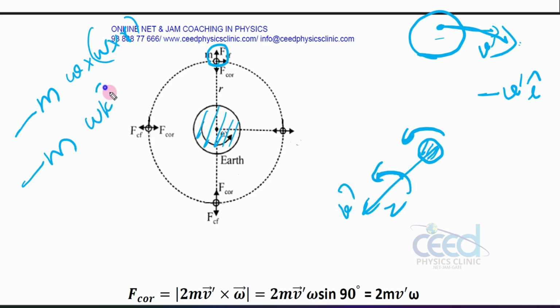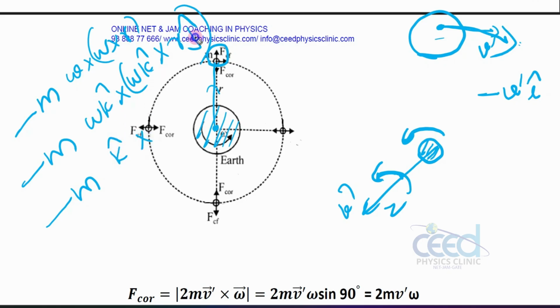Then omega k cap cross omega k cap cross r, where r is this vector r j cap. This is i cap, this is j cap, this is k cap. k cross j is minus i. Then k cross i is j.